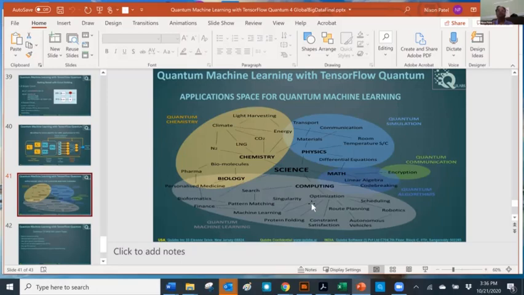There are various frameworks: besides TensorFlow Quantum, which I covered, there's PennyLane, Xanadu, IBM Qiskit. A whole bunch of different frameworks are continuously being created to enable people with a background in machine learning and TensorFlow, or in Python, to be able to program quantum machine learning. We're using some of these libraries.